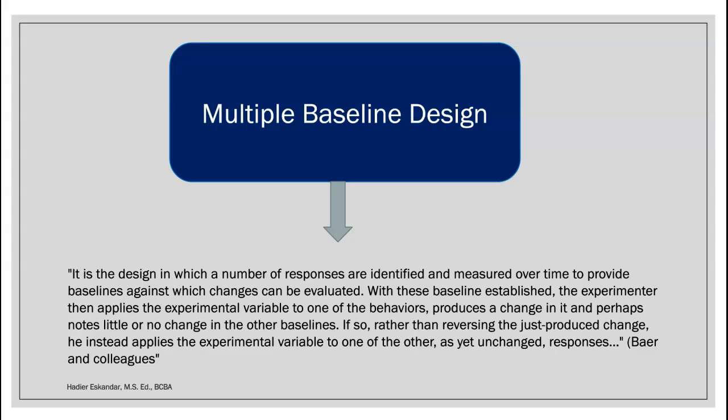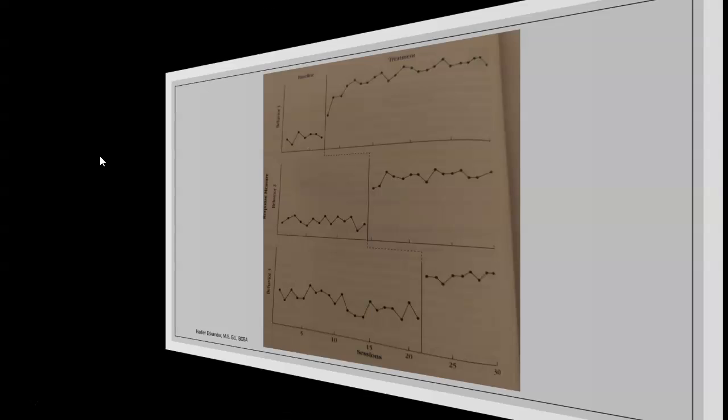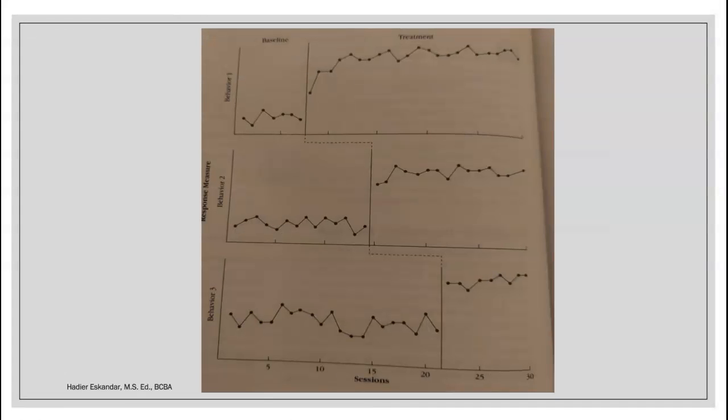And once you see change in the behavior based on the treatment, you go to the next behavior and introduce the variable once more. It's a little bit confusing, so let's look at one of the design graphs here taken from the book.